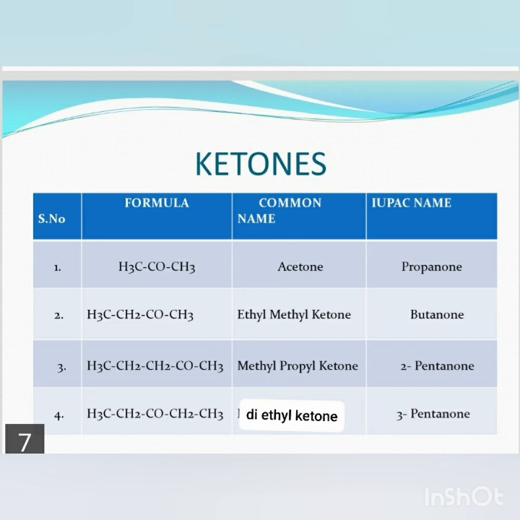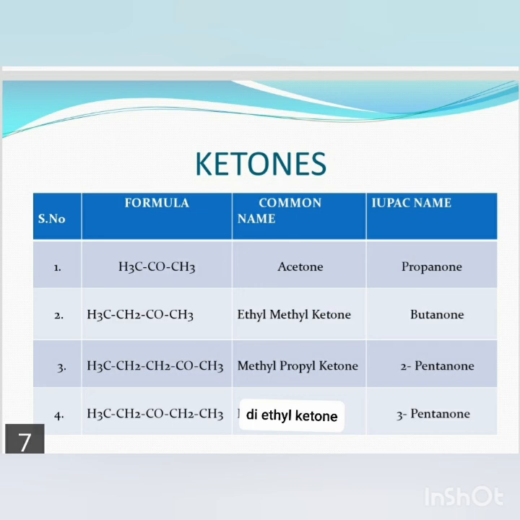One is CH3, that is methyl, and another one is CH2 CH3. In this we have two carbon atoms, that's why the name of the group is ethyl. So methyl and ethyl. According to alphabetical order, ethyl comes first. So the name of this compound is ethyl methyl ketone.